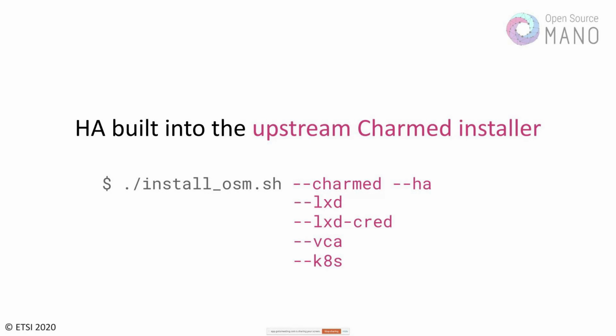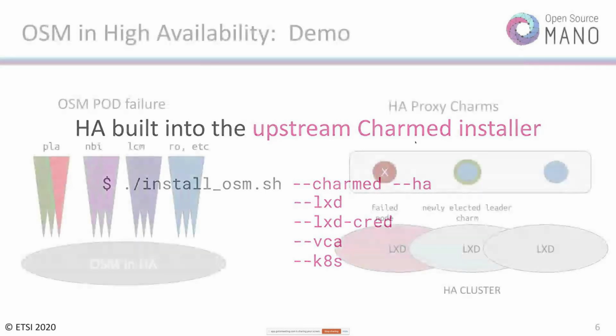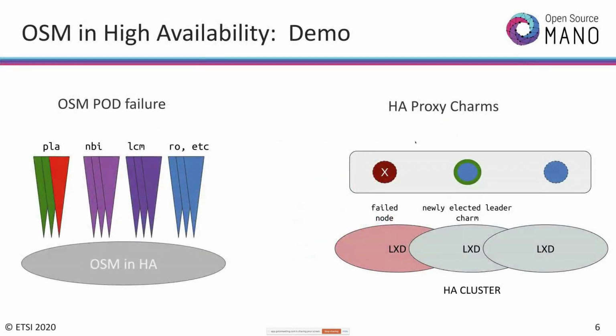The proxy charms will operate the VNF, so they have scripts that will run actions like upgrade or backup or whatever in the VNF. But this will be explained in more detail in next sessions.